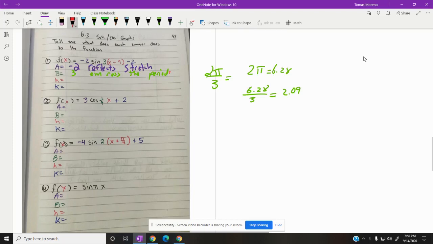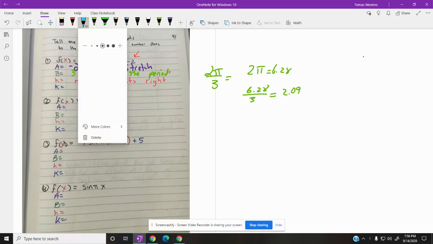Now we want to look at this x minus 9. And we know that as soon as we see the -9, we're going to move to the right. So it moves 9 units right.